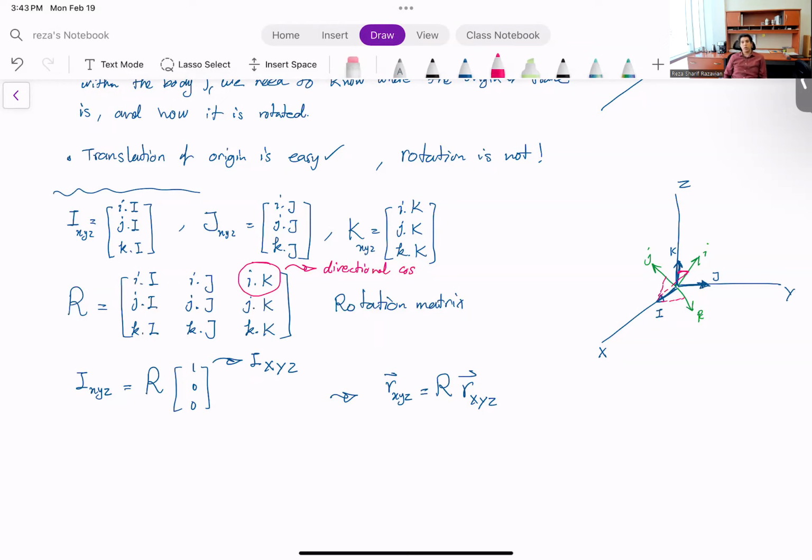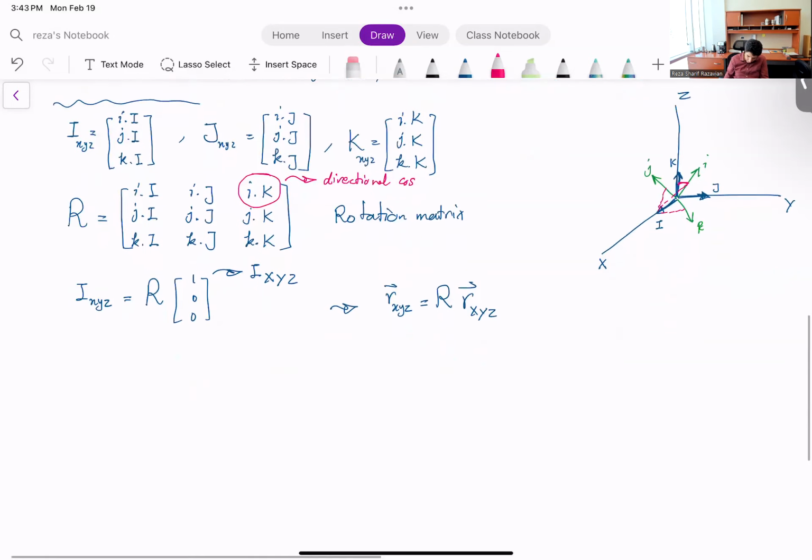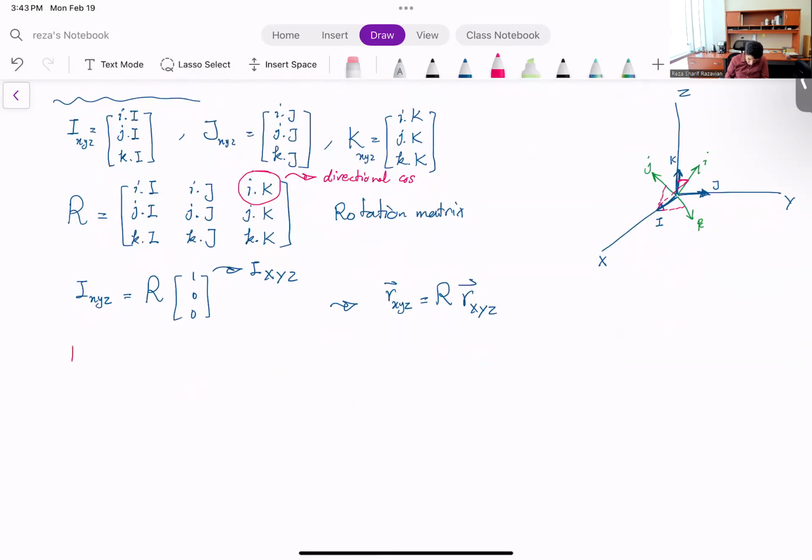So essentially, you need to find the angle between all these pairs of vectors and construct your rotation matrix. Another thing to remember, I have this R_ij, the elements of the rotation matrix. So like R11, R12, R23, something like that.